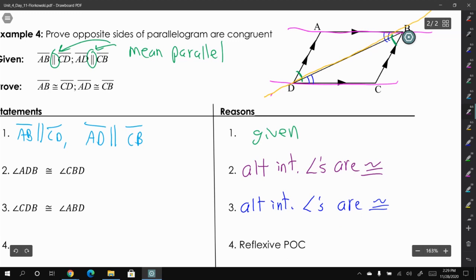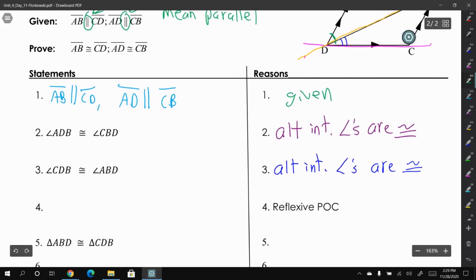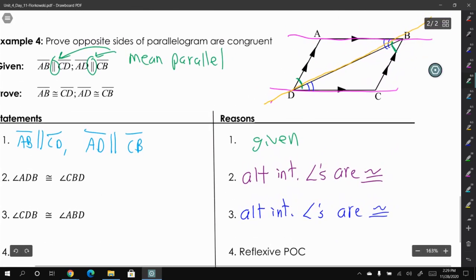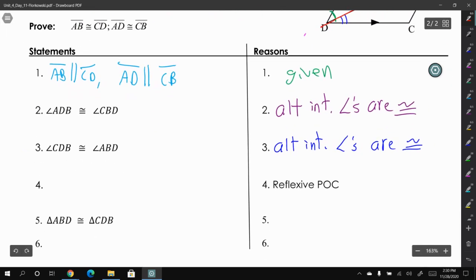Then we have statement number 4. Well, statement number 4 is blank, but the reason is reflexive. Well, side BD is shared in both triangles, so that is congruent to itself. So we have DB is congruent to BD.